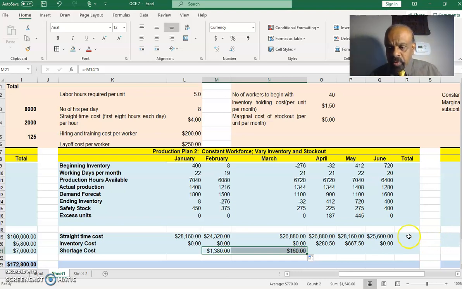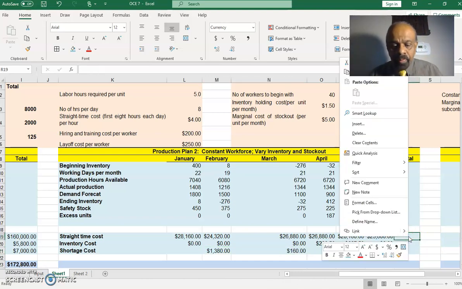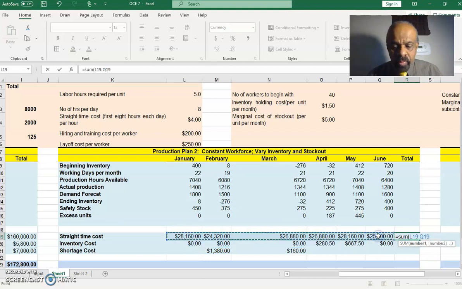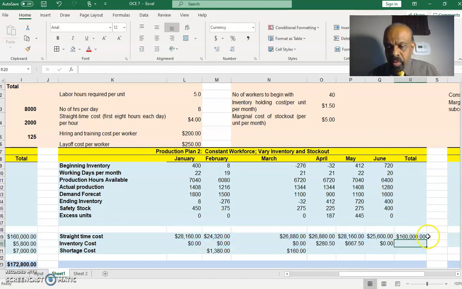So let's total up everything. My total is going to be equal to the sum of all these numbers, and I'm going to copy and paste this.